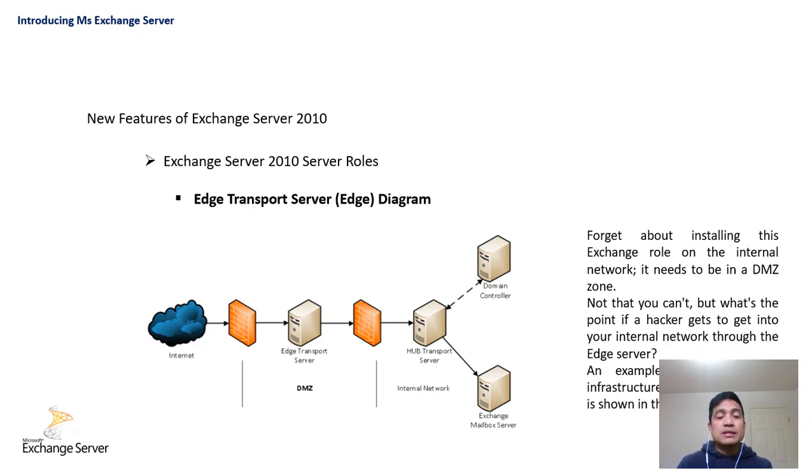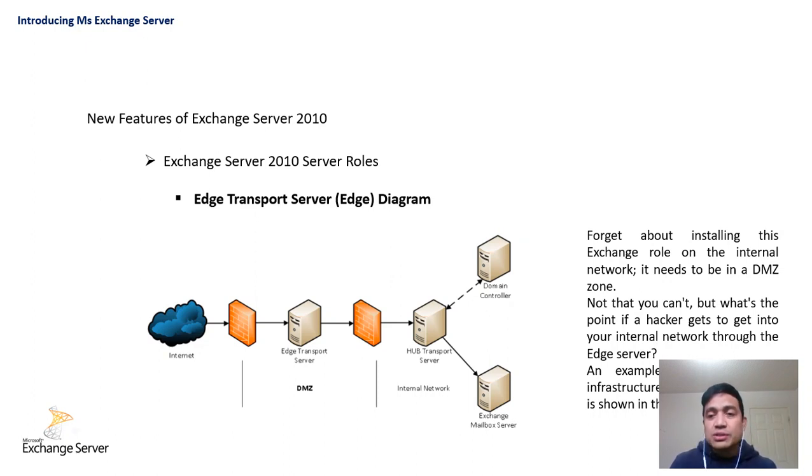So we can see that the edge transport server is in between the two firewalls. It means that before the message is received by the internal network, where the Exchange server mailbox is installed, it will be filtered twice. So it will give a lot of security.